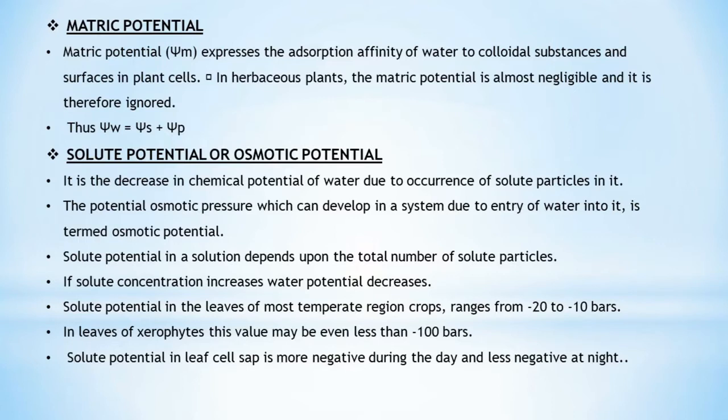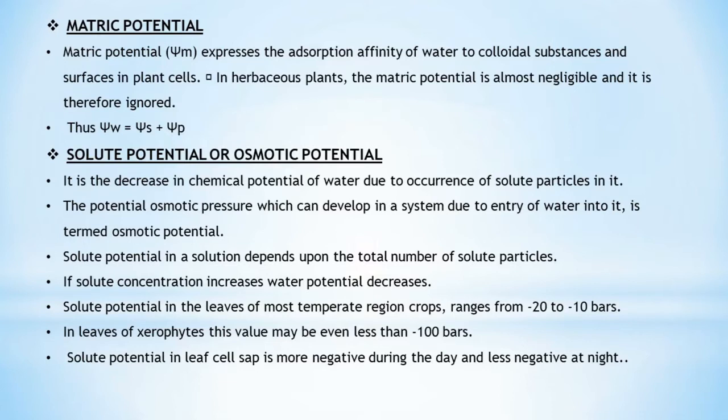Water is always mixed with most of the inorganic and organic substances, okay. In the leaves of xerophytes, the value will be even less than -100 bars. More solute particles are present in xerophytes, that is, in resorted conditions, whereas usually in the leaves it is -20 to -10 bars, okay.